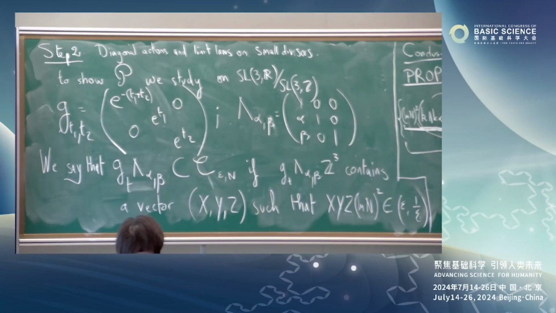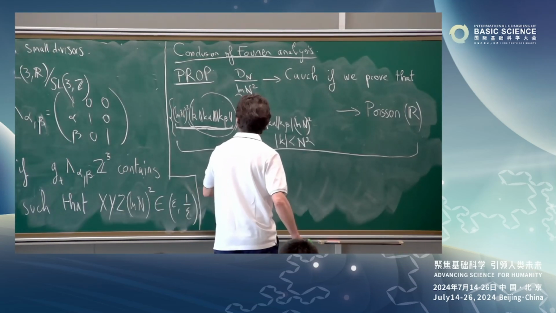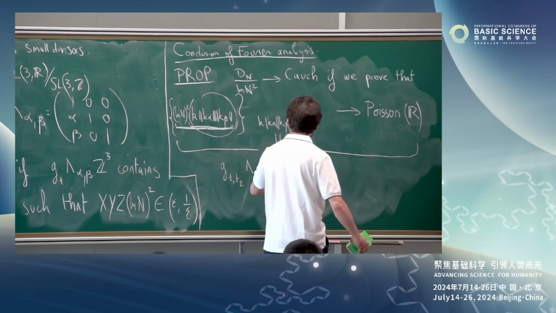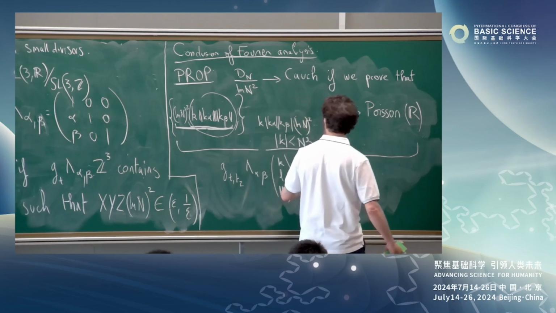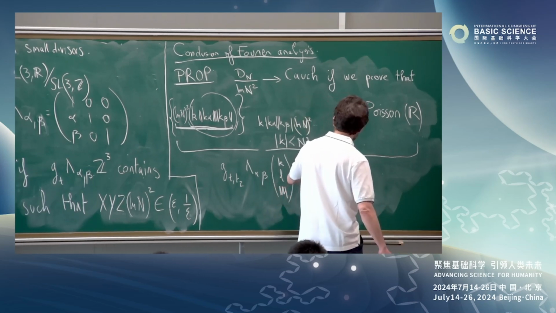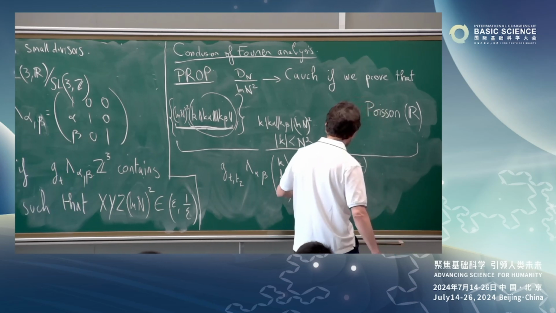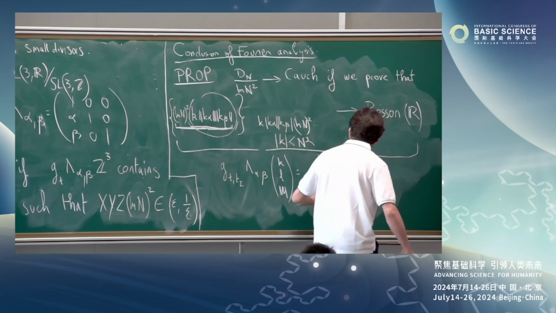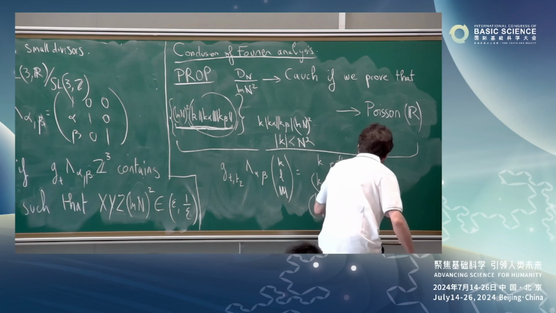If you write G_{T1,T2,lambda,alpha,beta} of a vector K, L, M, you will find K e^{-T1+T2}, K alpha plus L times e^{T1}, and K beta plus M times e^{T2}.